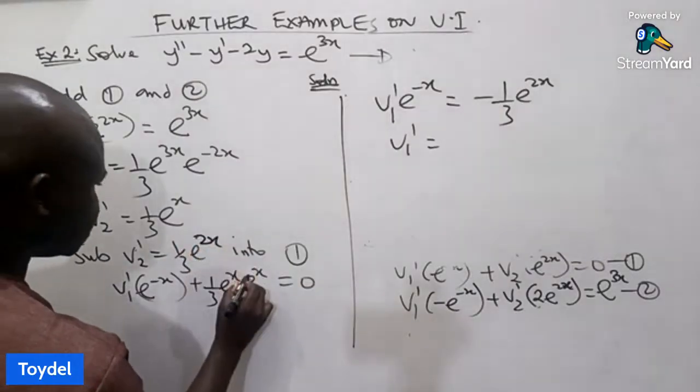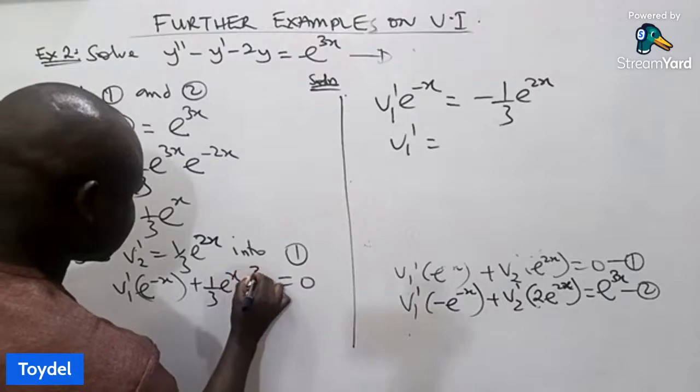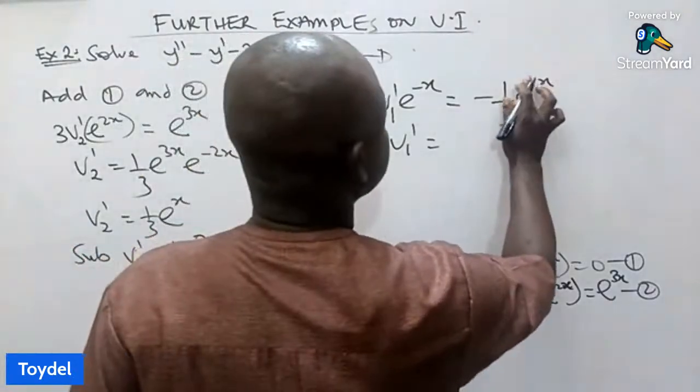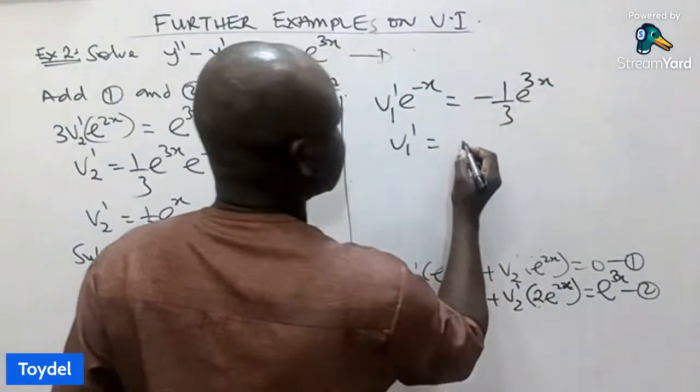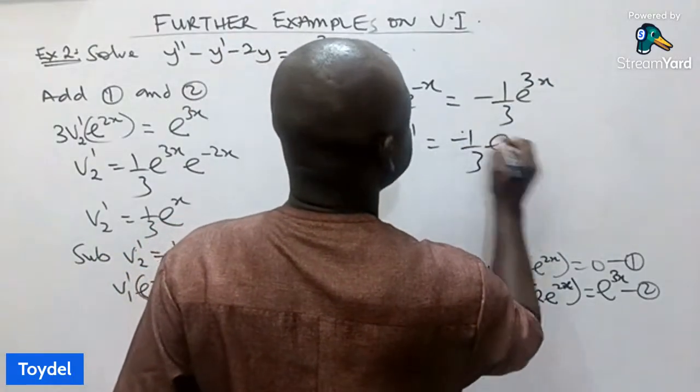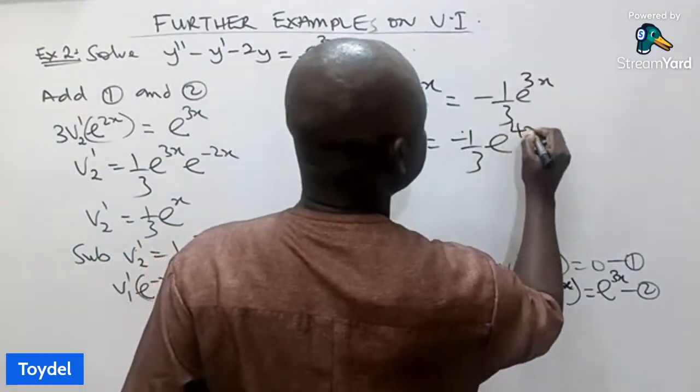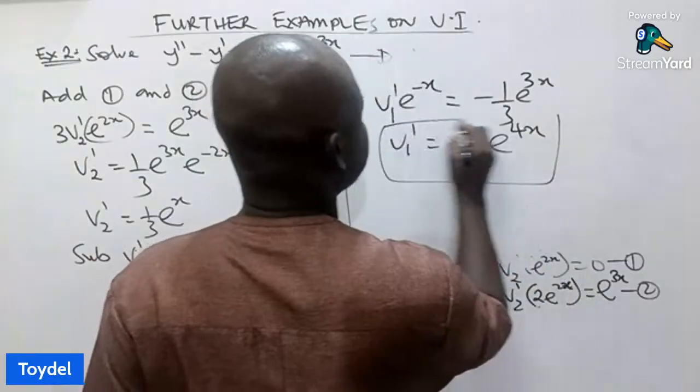So 2x times this will be 3x. So we have 3x here. Then at the end of the day, we have minus 1 over 3 exponential, by the time we divide both sides, that will be 4x. So this is for V1 prime.